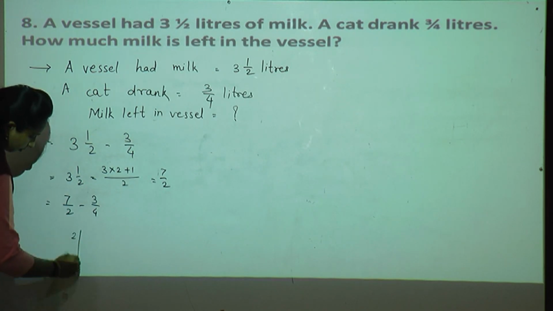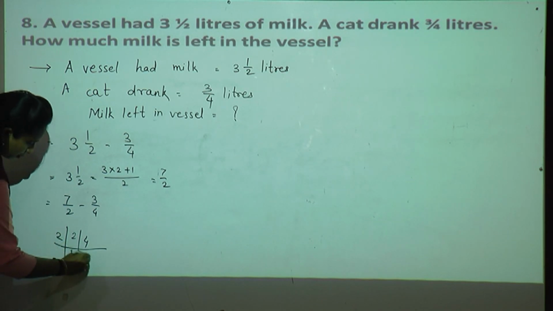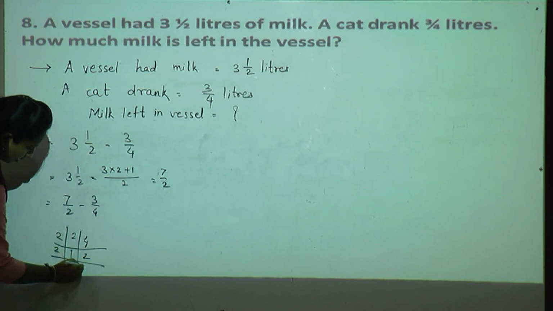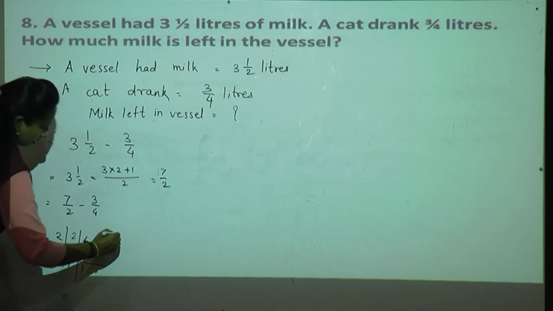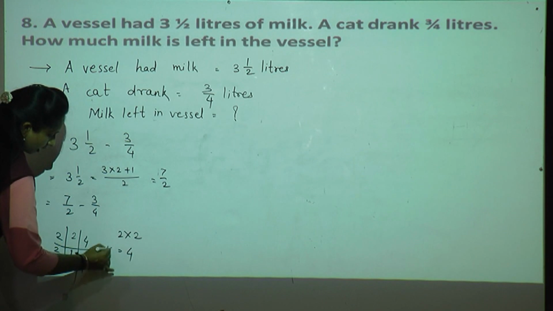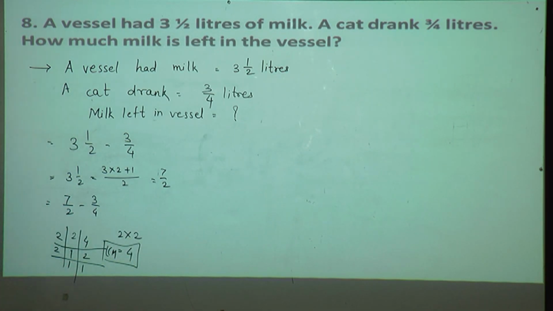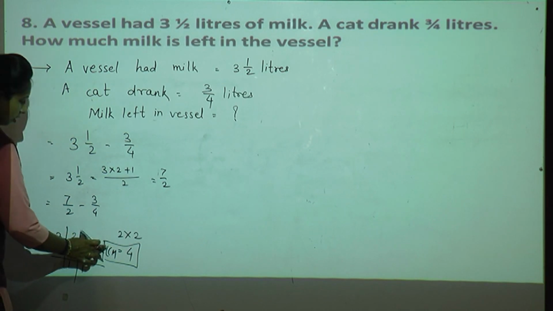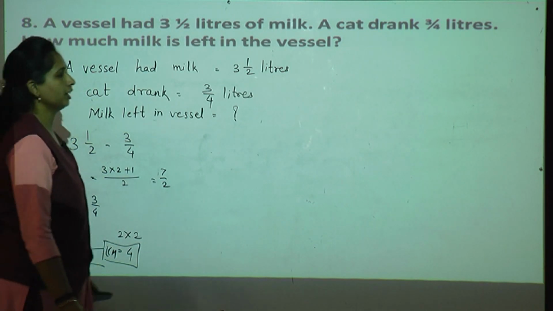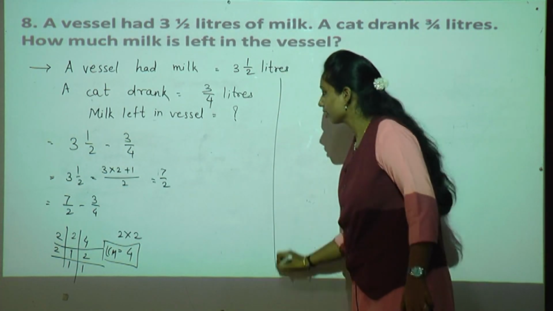Now see here, 2 ones are 2, 2 twos are 4. So the multiples of 2 and 4 have 2 common. So LCM of 2 and 4 is 4. Now what we have to do? We have to make the denominators the same for both numbers.